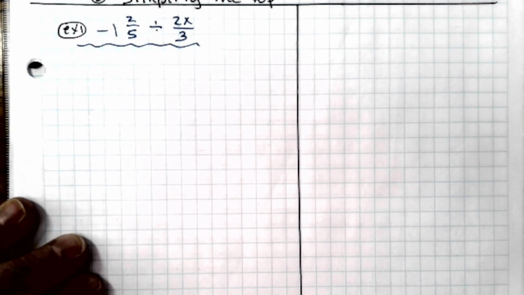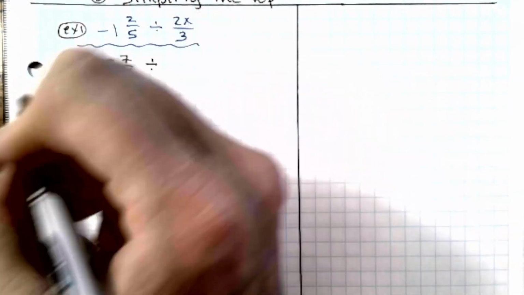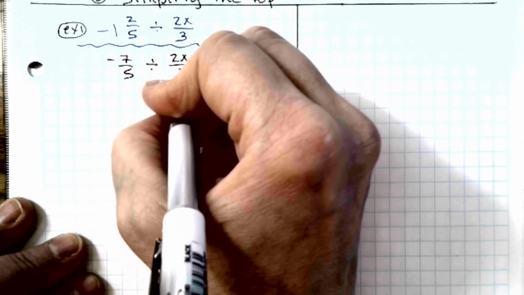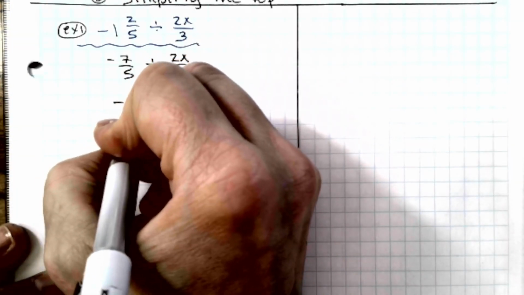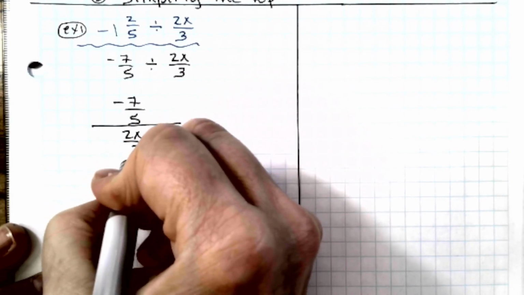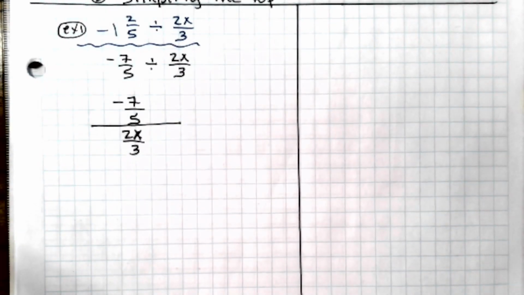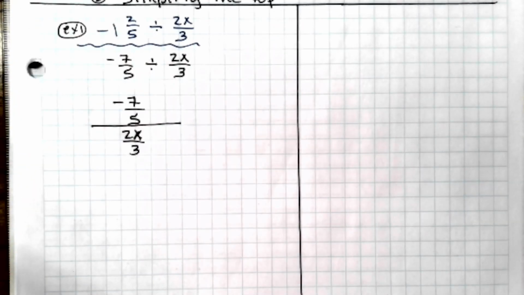Whether you use the shortcut or not, it ends up being -7/5 divided by 2x over 3, which is already improper. Step 2, stack the fractions. So -7/5 over 2x over 3. First one goes on the top, second one goes on the bottom.